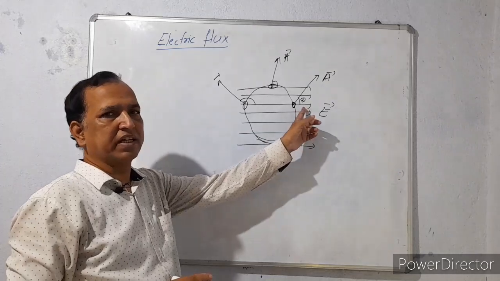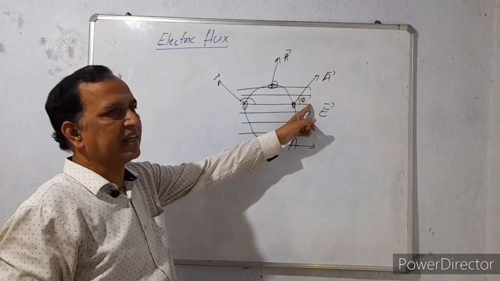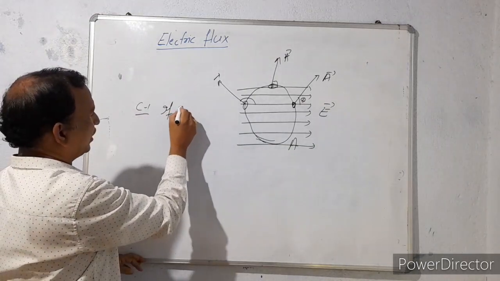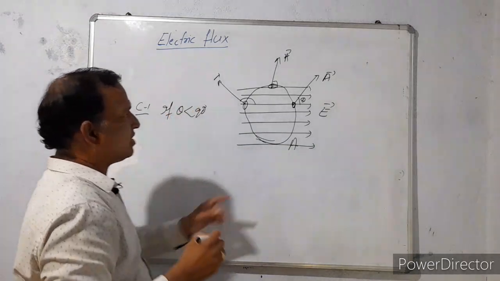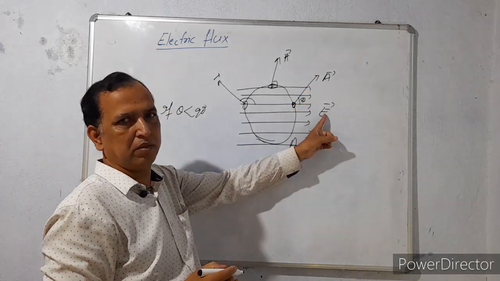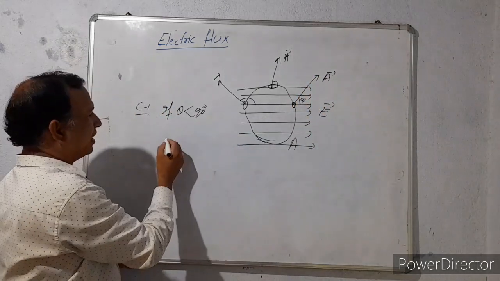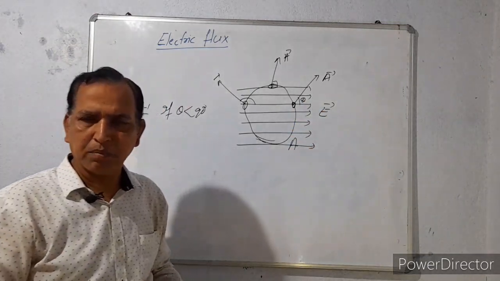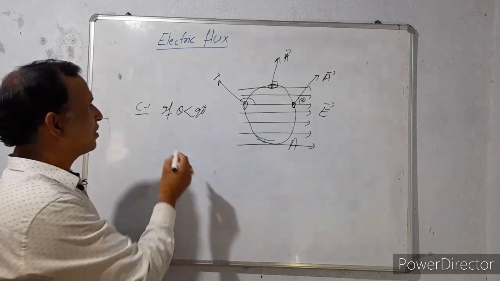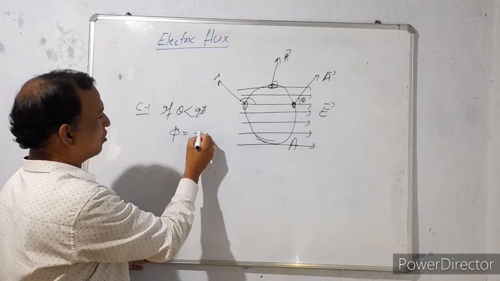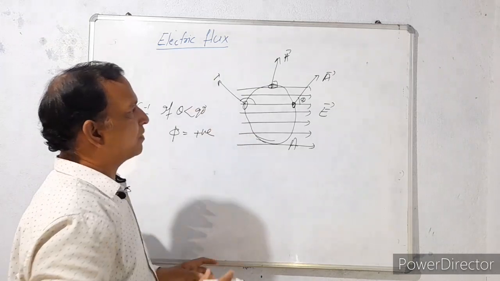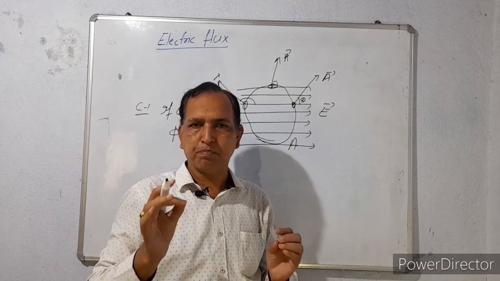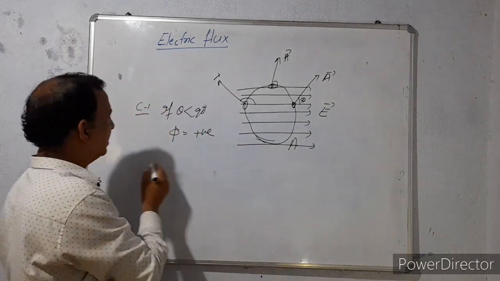Case 1, if theta is less than 90 degree, theta meaning the angle between the area vector and the electric field vector. In this case cos theta is positive, so the electric flux phi must be positive. This is known as positive electric flux.